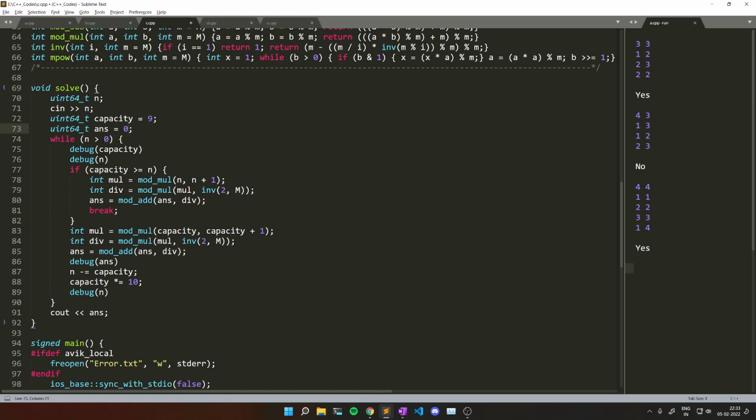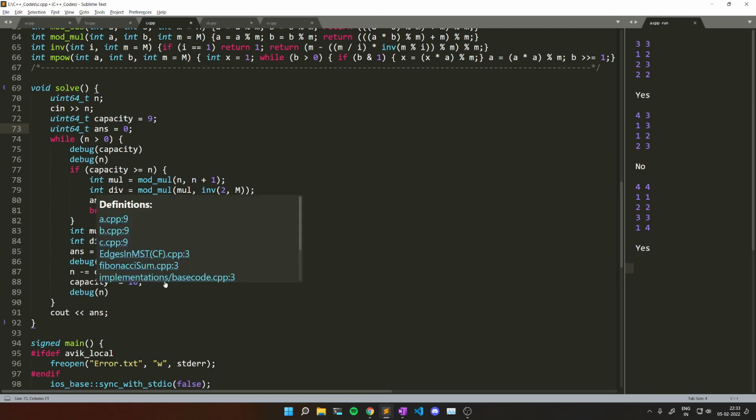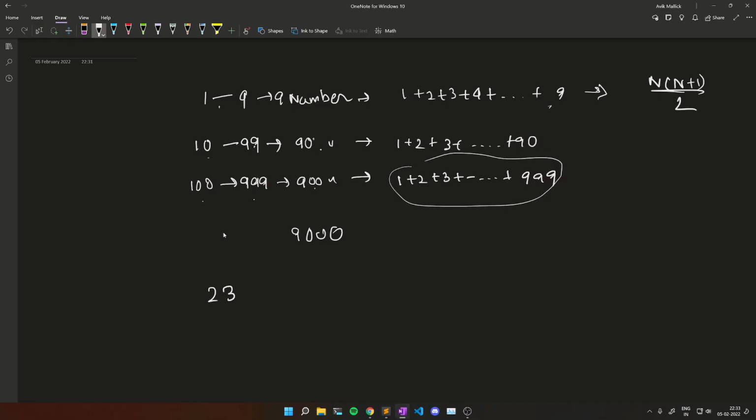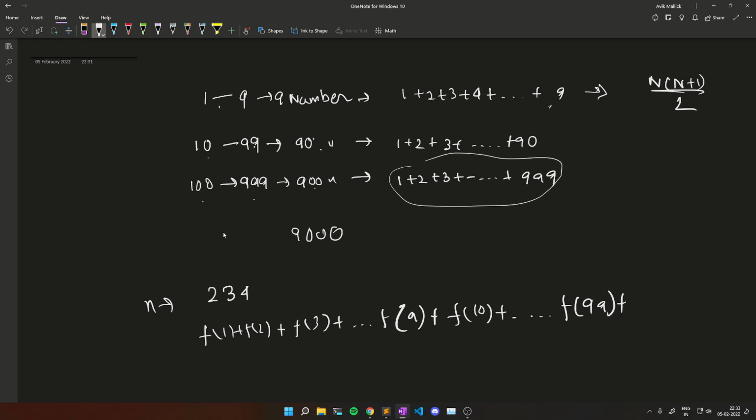Now while n is greater than 0, for example, if my n is 234, I have to get the value for f of 1 plus f of 2 plus f of 3 plus dot dot dot f of 9 plus f of 10 plus dot dot dot f of 99 plus f of 100 plus dot dot dot f of 234.